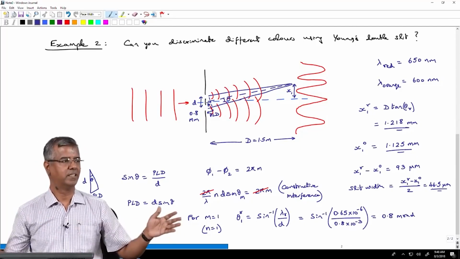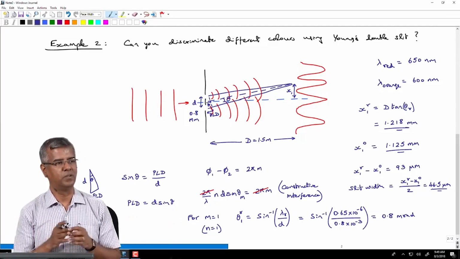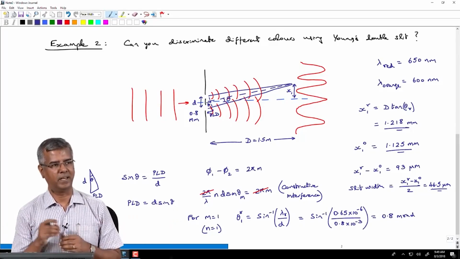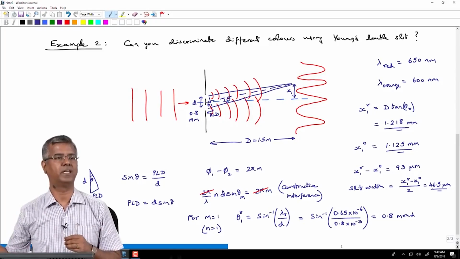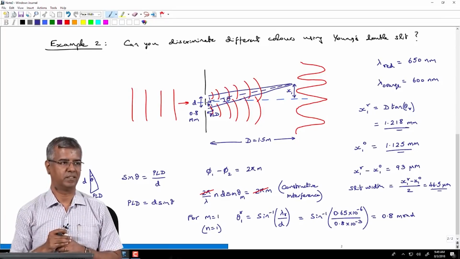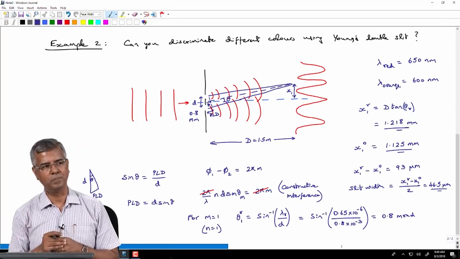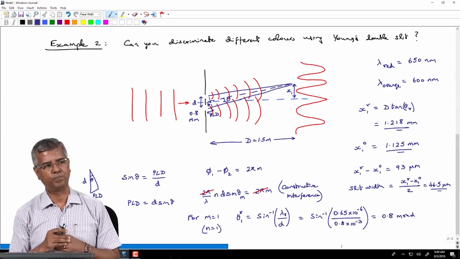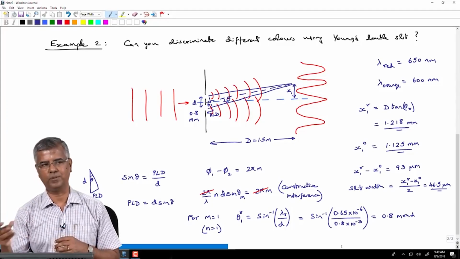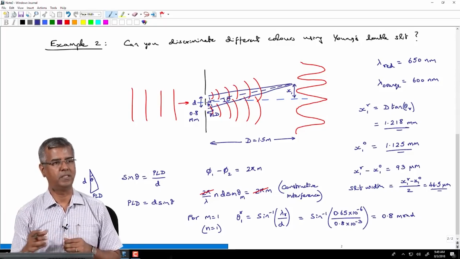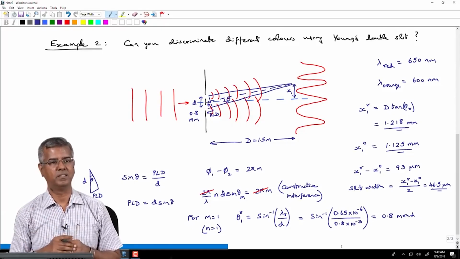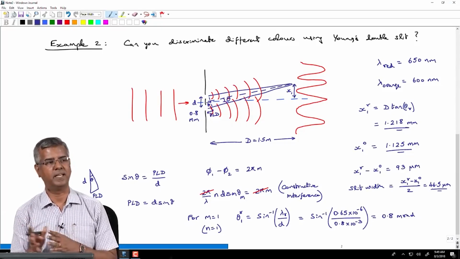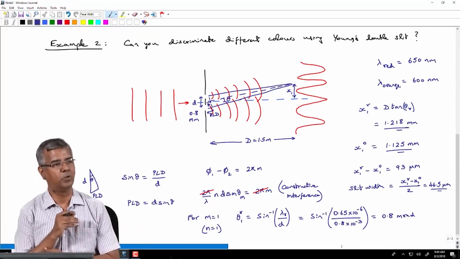It just gives you the intensity at different colors. Because this interference phenomenon actually depends on wavelength, you can use that as a nice way of picking out different colors.